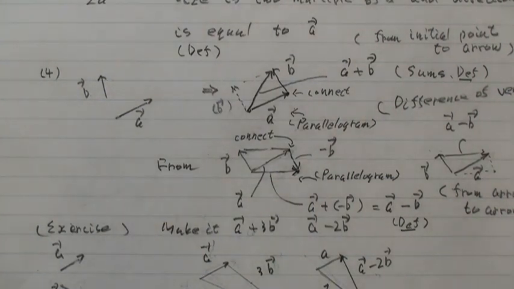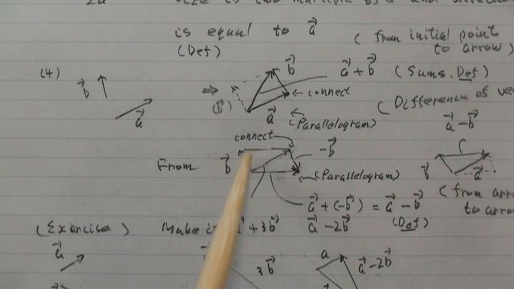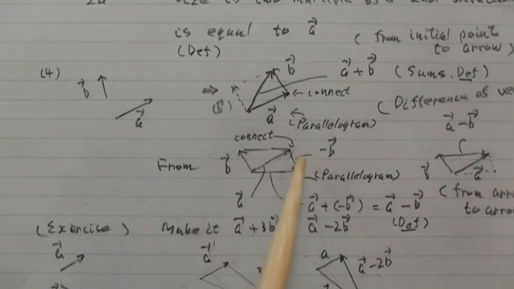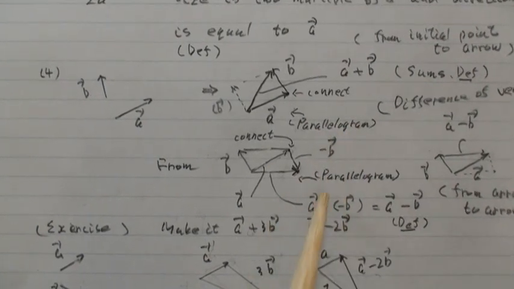And next, the difference of vectors definition. A vector and b vector; b vector is parallel and in the opposite direction, minus b vector. And a vector plus minus b vector equals, by definition, a minus b vector.